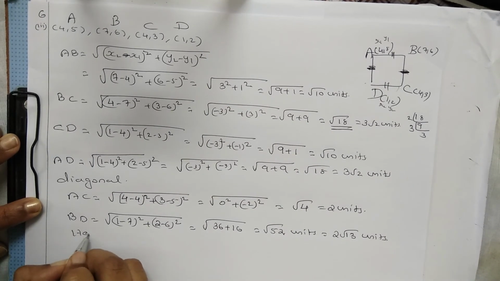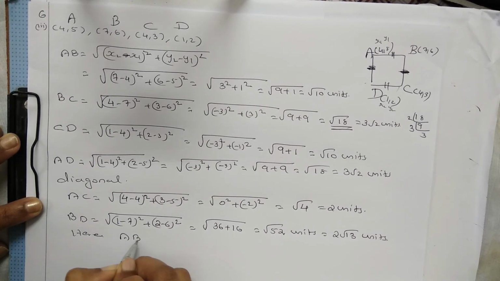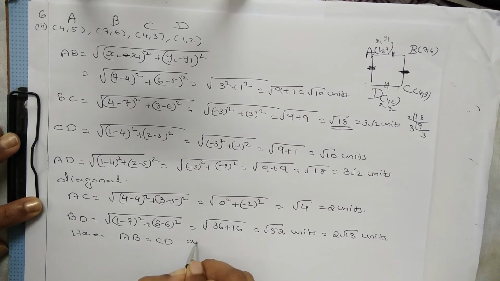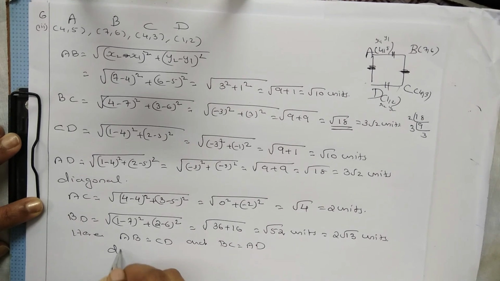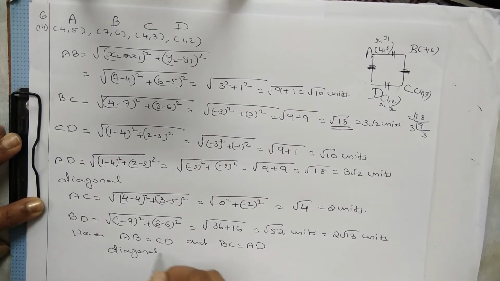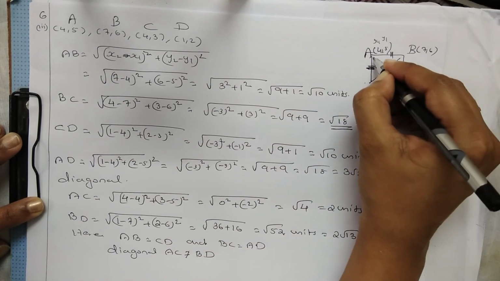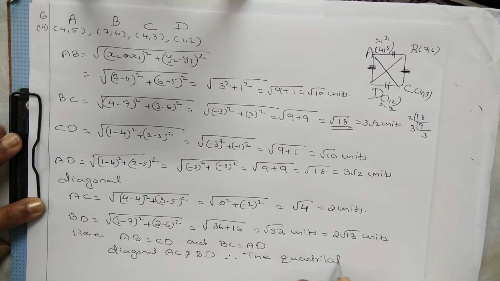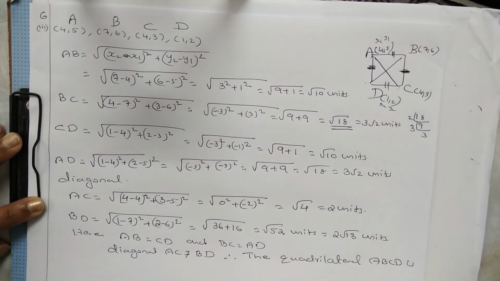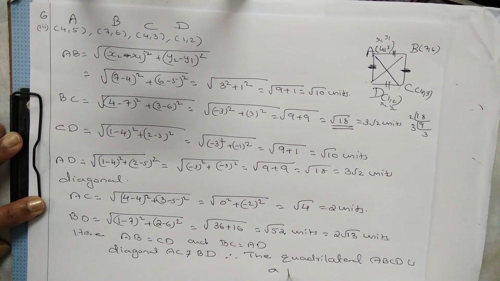Here what you are getting, AB is equal to CD and BC is equal to AD, and diagonal AC is not equal to BD. Therefore, the quadrilateral ABCD is a parallelogram.